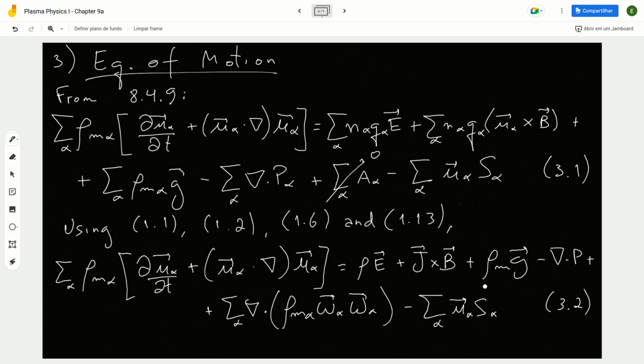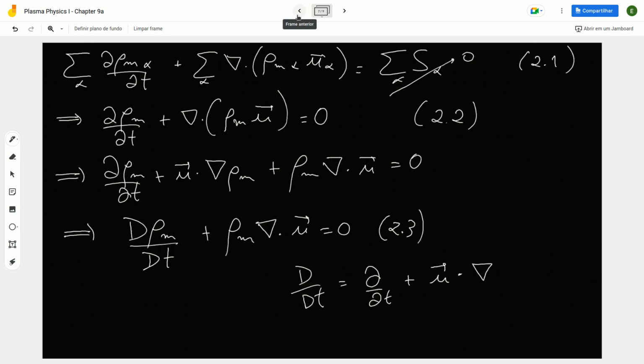Okay, we can treat this last term in 3.2 using the definition of S alpha. What is S alpha? It's here, the 2.1. The sum of it is the sum of this. So S alpha is just del rho del t plus the divergence of this quantity.